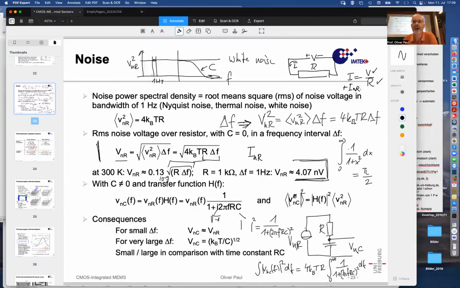This I and R is related to the V and R as any voltage and current are related, namely by V and R divided by R.